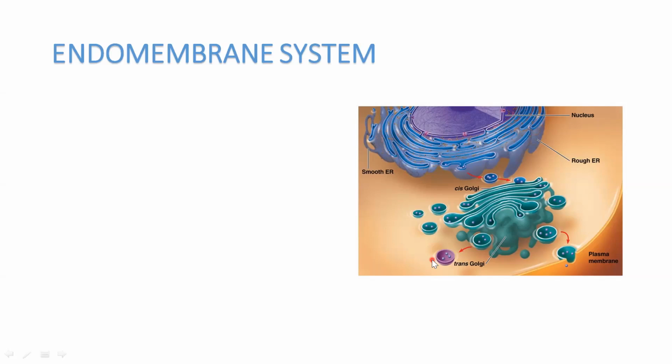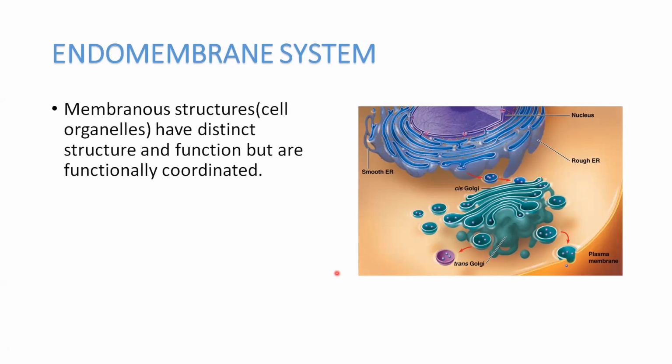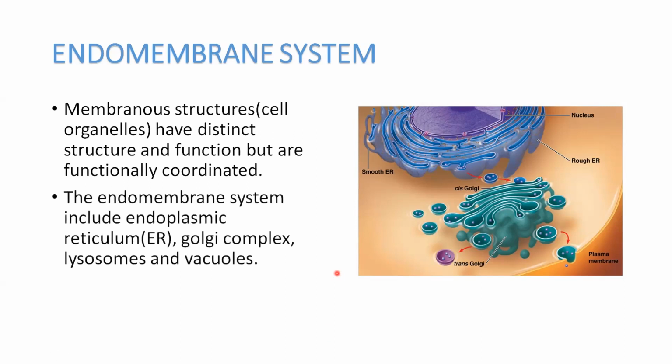This is how the endomembrane system works coordinatedly, and that is the reason this concept has special significance. Just try to remember the cell organelles involved here: nucleus, endoplasmic reticulum, Golgi apparatus, and lysosomes. This is what I have explained till now.